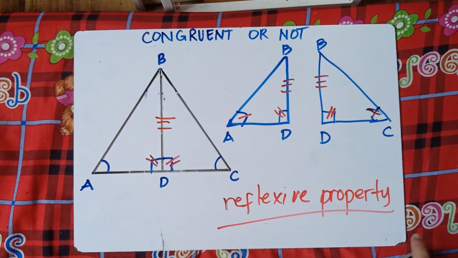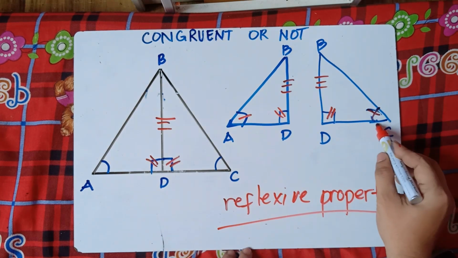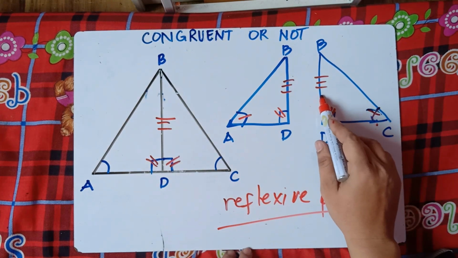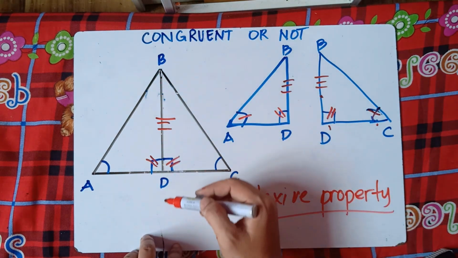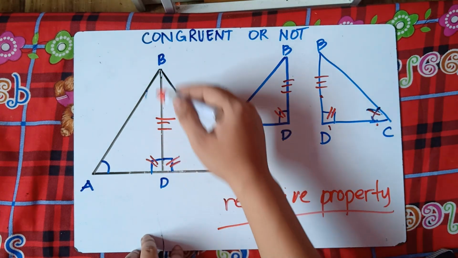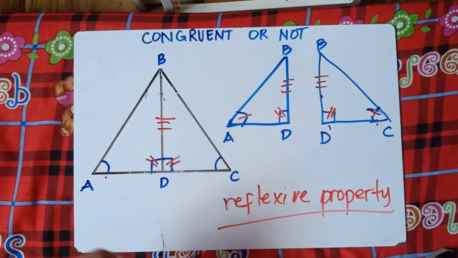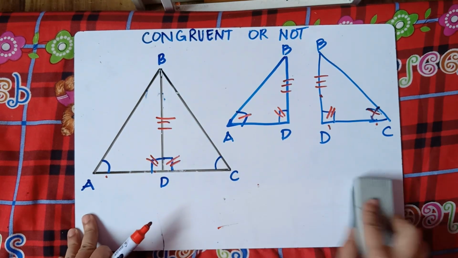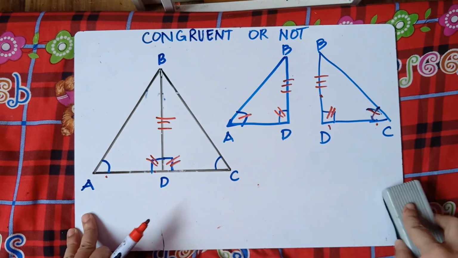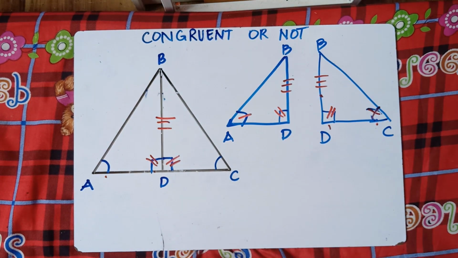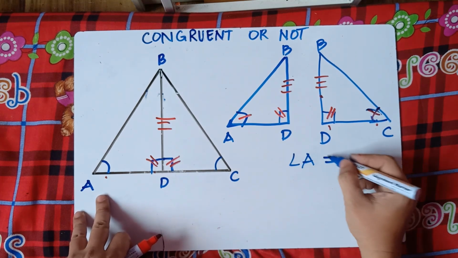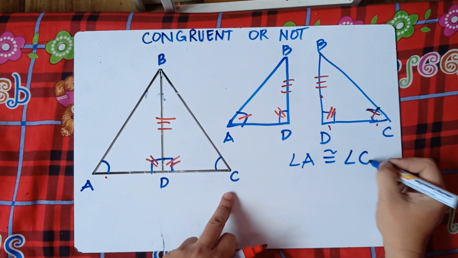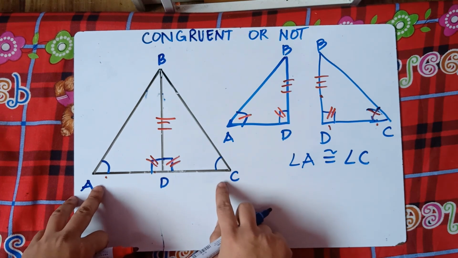Alright, so we have an angle, side. So where's this side, sir? This side, they both share the same side, which would be congruent. We have angle, side. Alright, so let me draw the given pair. So we have angle A. This angle A is congruent to angle C based on the given markings.